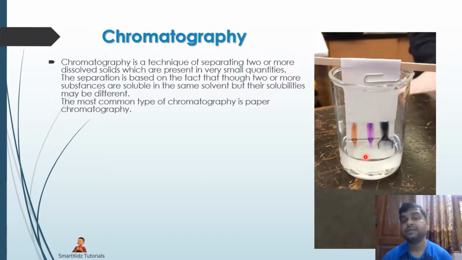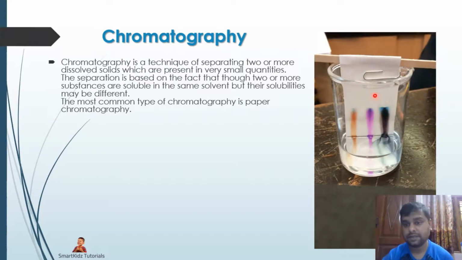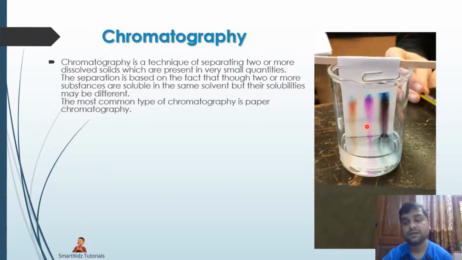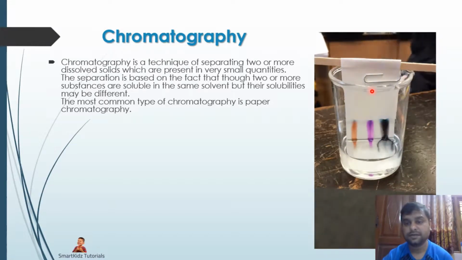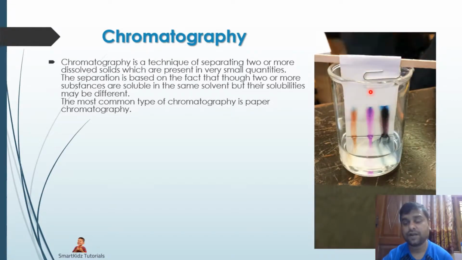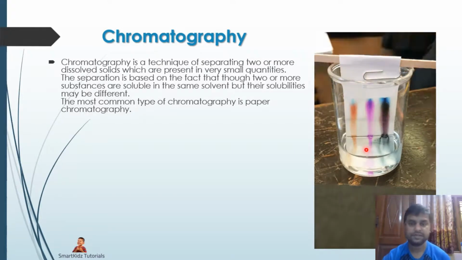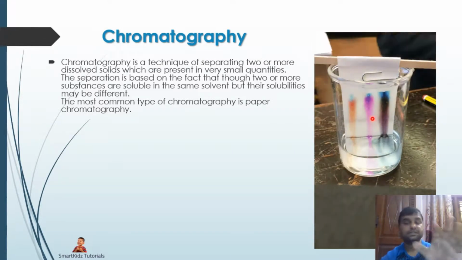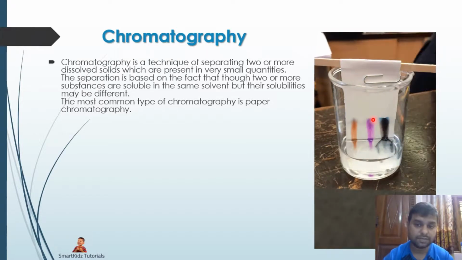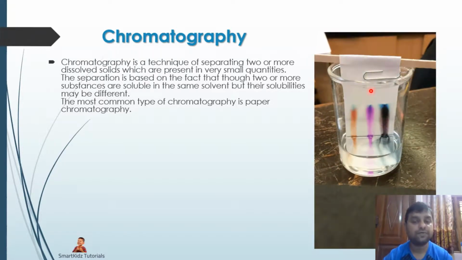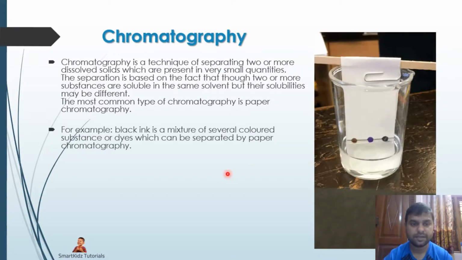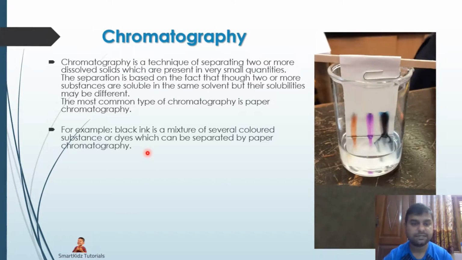As the alcohol rises up through this paper, it will also take along with it the highlighter color, and how far it moves depends on a number of factors, including how far this liquid can move up, and how much of the solute can move or separate out from the particular mixture. So an example is black ink, which is a mixture of several colored substances or dyes which can be separated by paper chromatography.